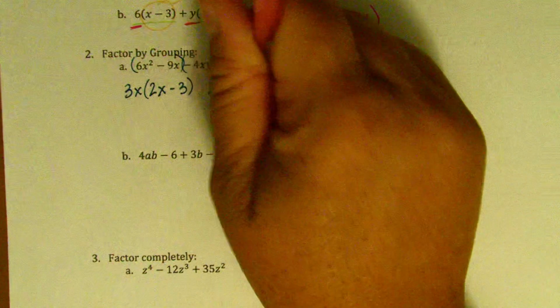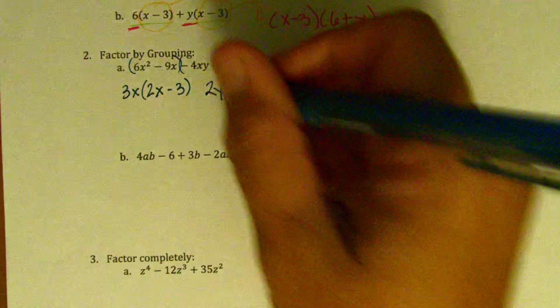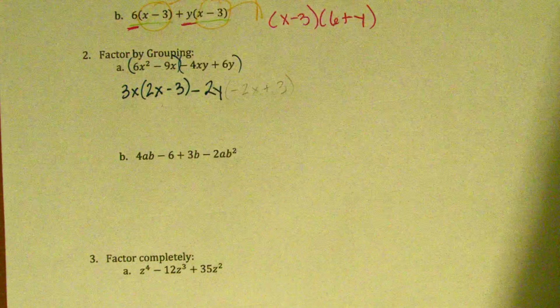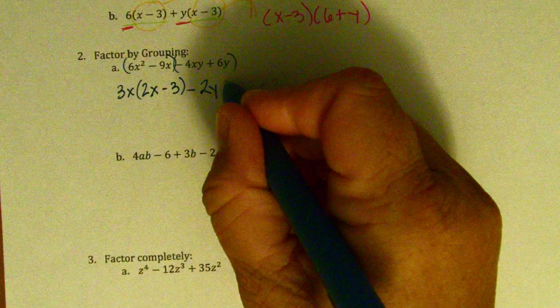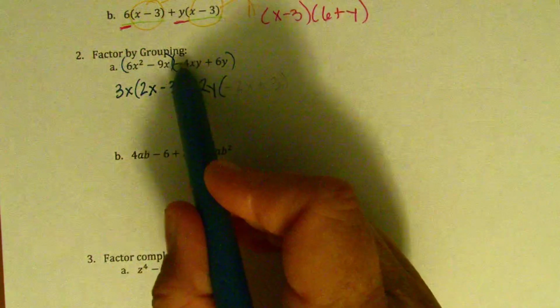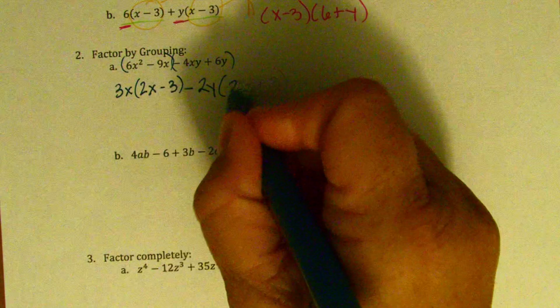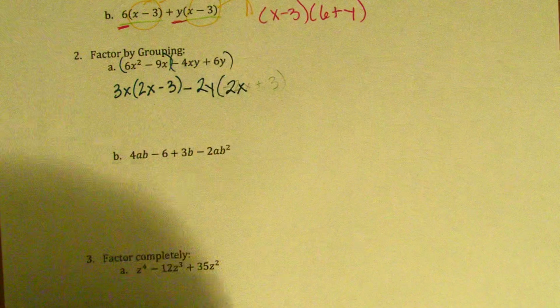So what I can do instead is rather than just pulling out a 2, I can pull out a negative 2. And if this wasn't negative, I would need a plus sign here. And when I pull out that negative, now the negative's pulled out from the 4, and I'm left with positive 2x.